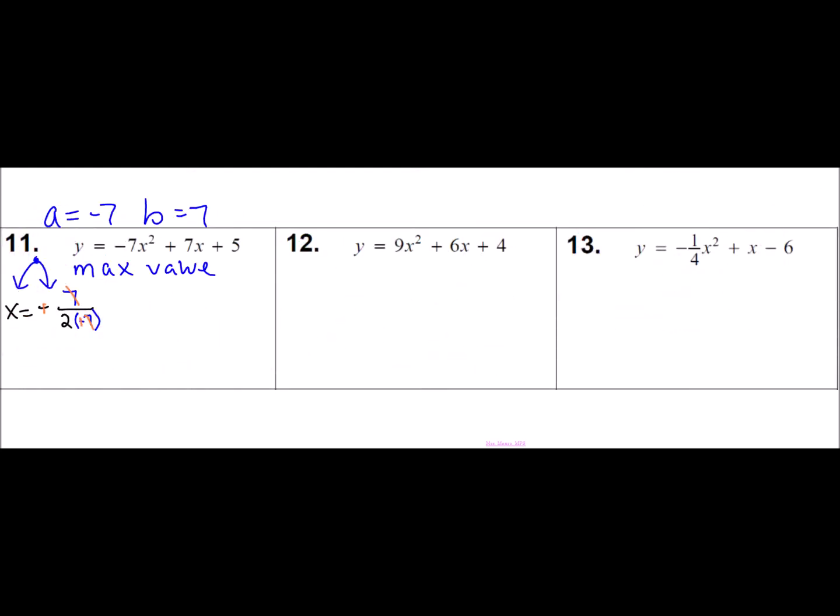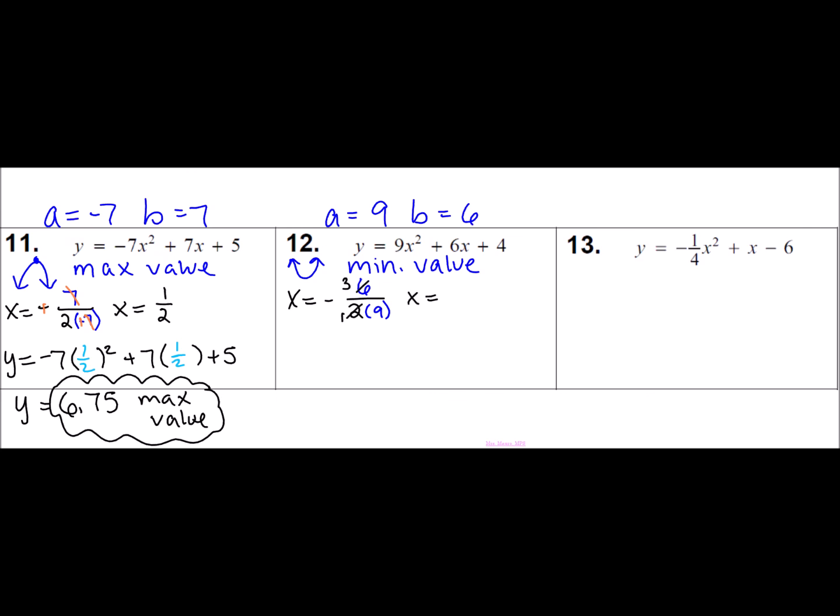The 7s are going to cancel out, which gives you a fraction of 1/2. All right, so our x value of our coordinate is going to be 1/3.